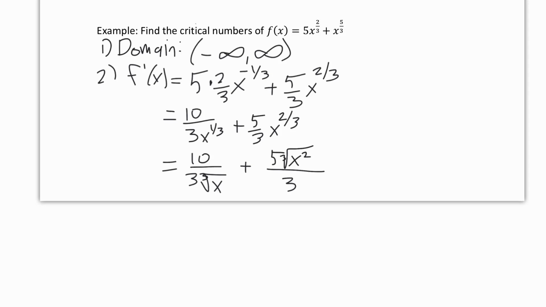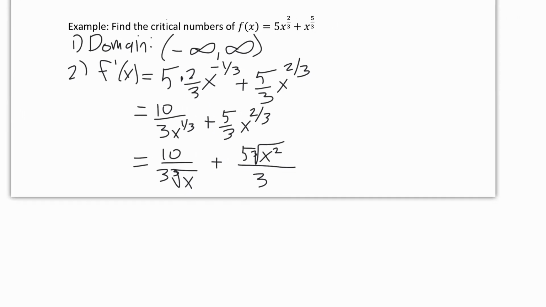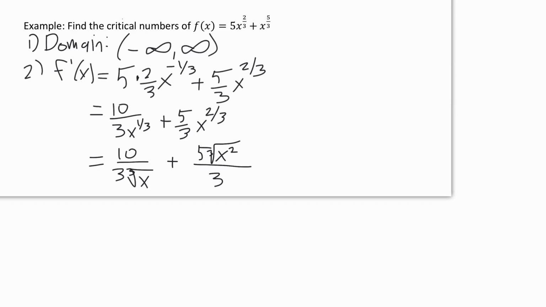And so we'll keep on going with this. Well, I need to do a little common denominator, so let's multiply this one by cube root of x over cube root of x. So that will give me 10 plus 5.